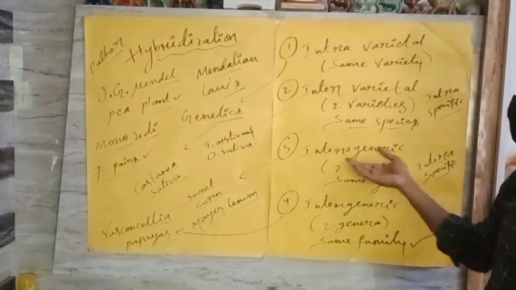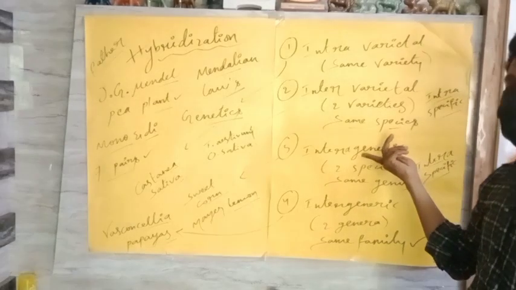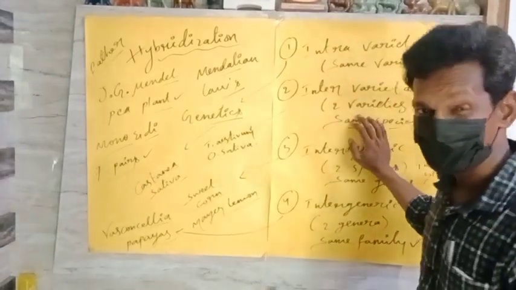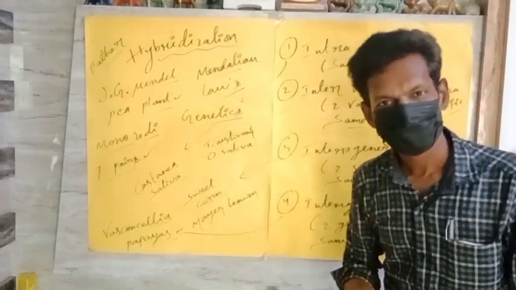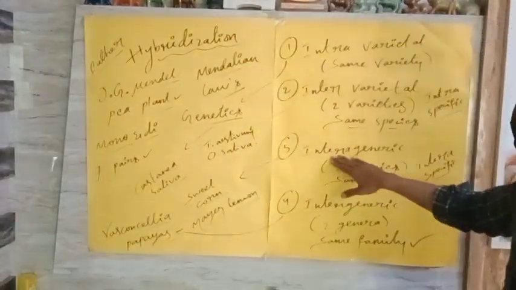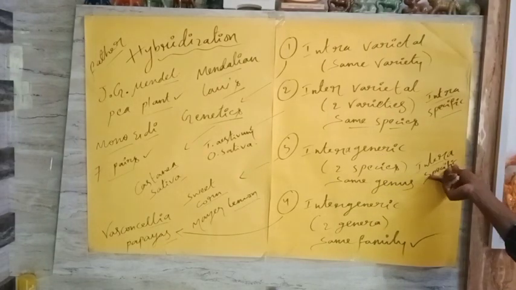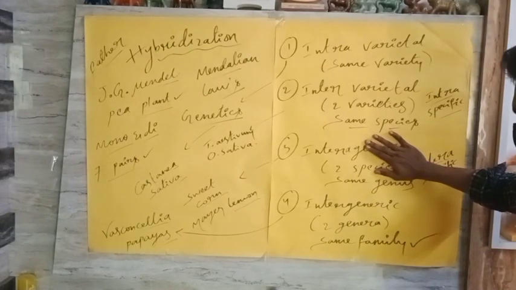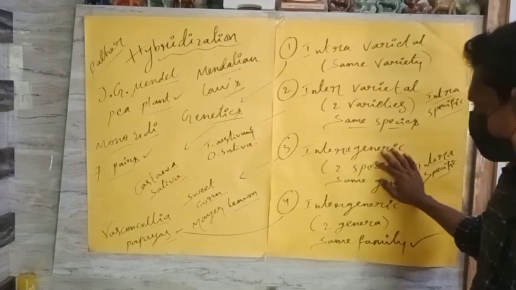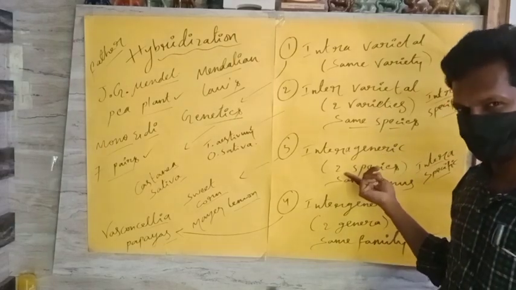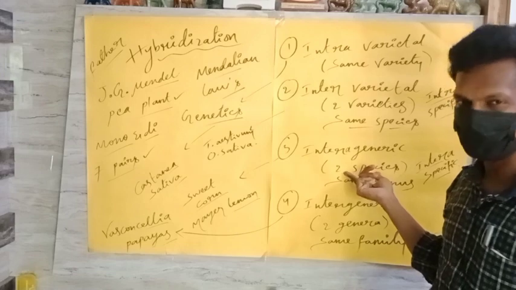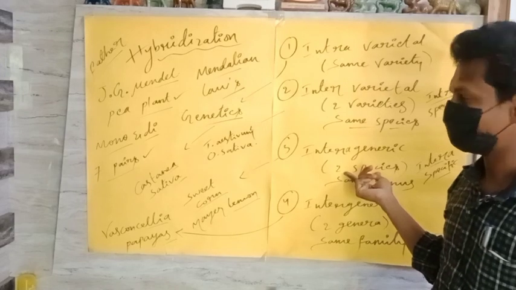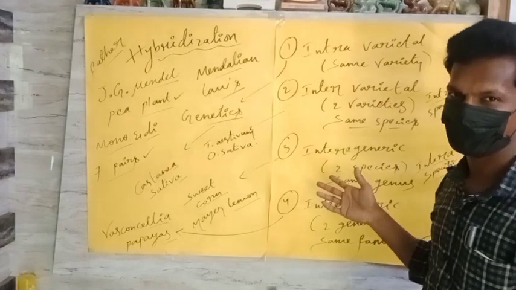The third one, intrageneric, genus. Genus name is the generic name, species name is the specific name. Likewise, intrageneric is also called intraspecific. Here intrageneric means between two species, not the same species, between two types of species which belong to the same genus.